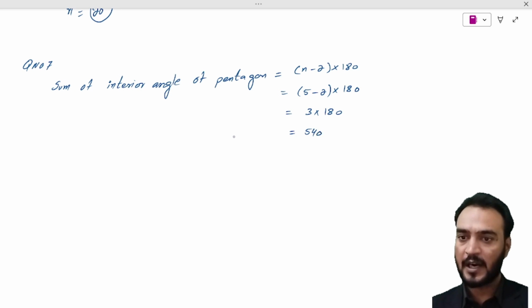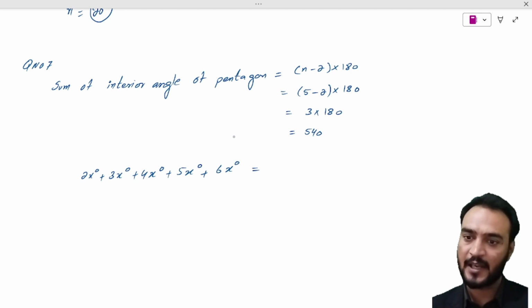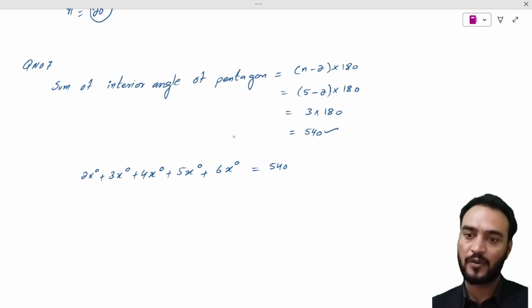And the interior angles of the pentagon are 2x degrees, 3x degrees, 4x degrees, 5x degrees, and 6x degrees. These are the 5 angles given in the question. We put this sum equal to 540 degrees, as the sum of interior angles is 540.